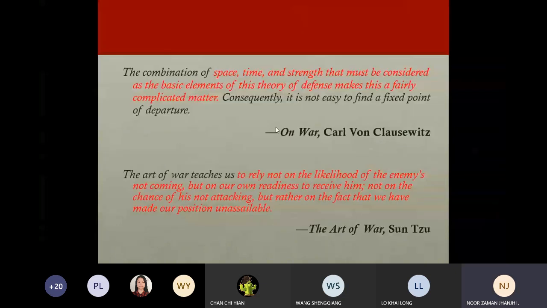So you can see from here, there are two very popular quotes. One of them says that the combination of space, time, and strength must be considered as the basic element of this theory of defense, which makes this a fairly complicated matter. Consequently, it is not easy to find a fixed point of departure.